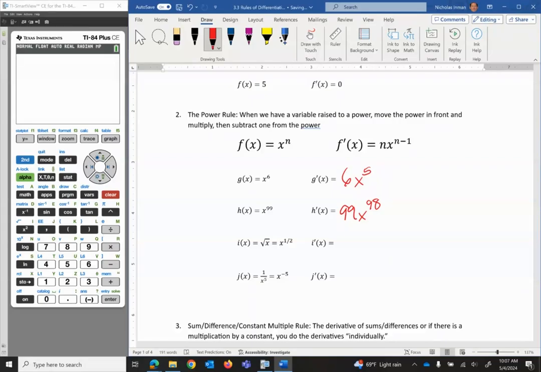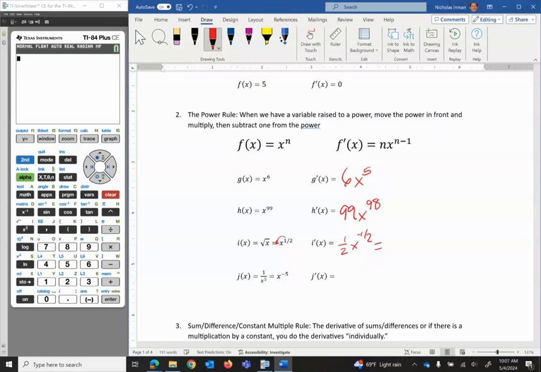This only works with x to a power. But things like the square root of x, we learned you can write as x to the 1/2. So move the power in front, 1/2 x, but then reduce by 1, so negative 1/2.